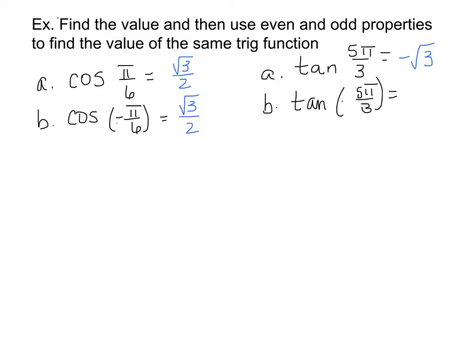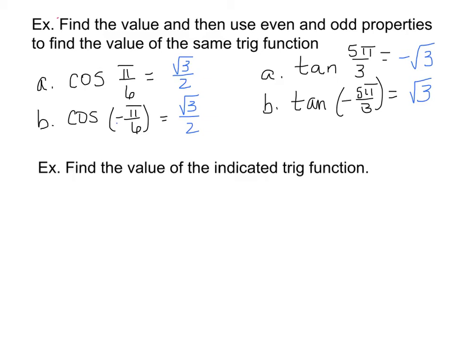But if you go in the opposite direction, it's going to be positive square root of 3. And so that's what that means. And then the last part is a review.